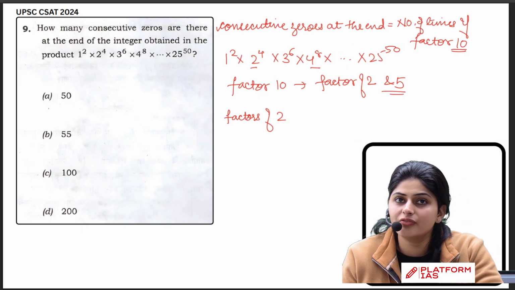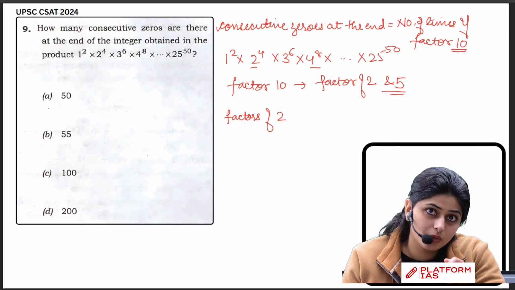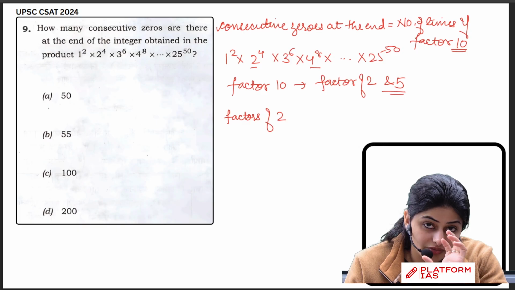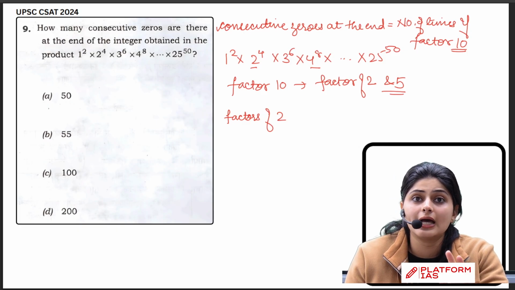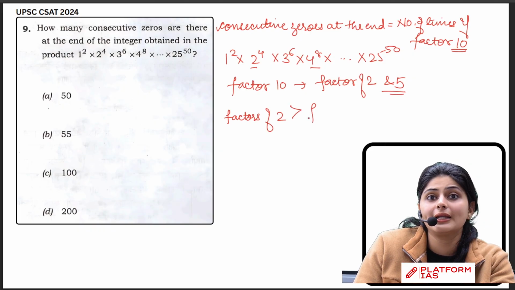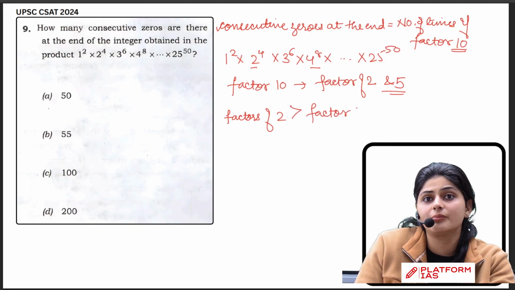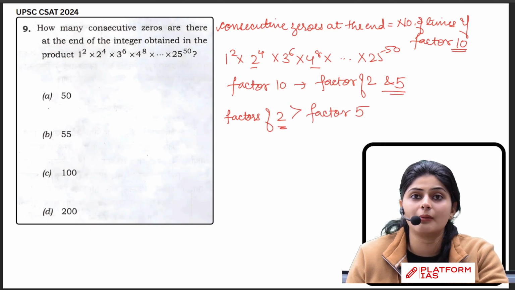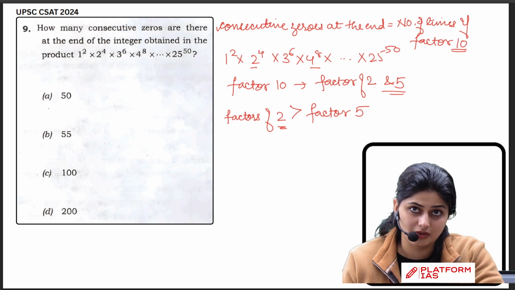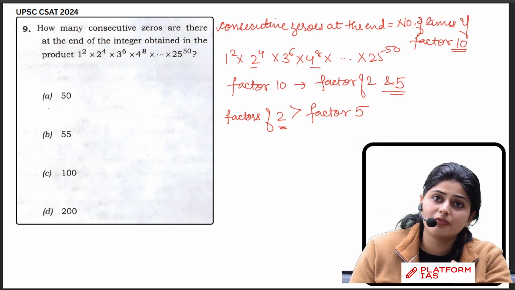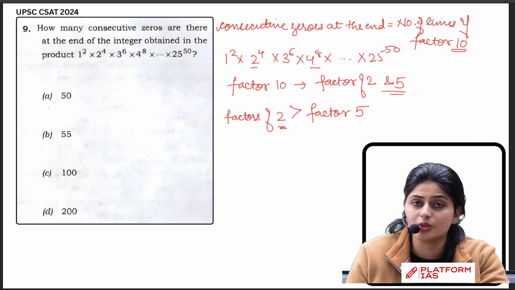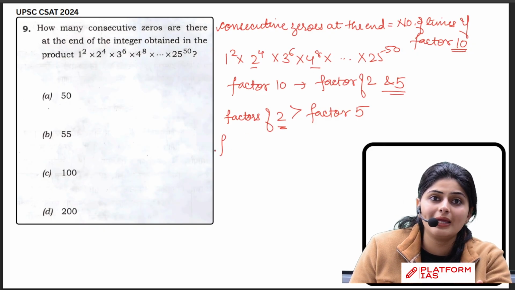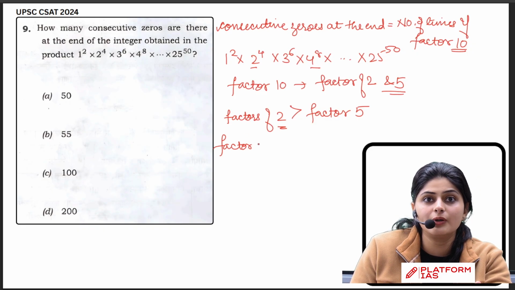If you look carefully, the factors of 2 will be greater than the factors of 5, because we have more even numbers than multiples of 5. So if we find just the factors of 5, that will give me the consecutive zeros at the end. Our main target is to find the number of factors of 5.